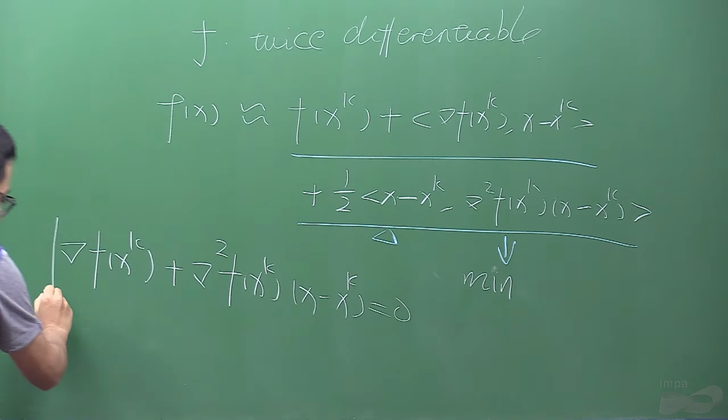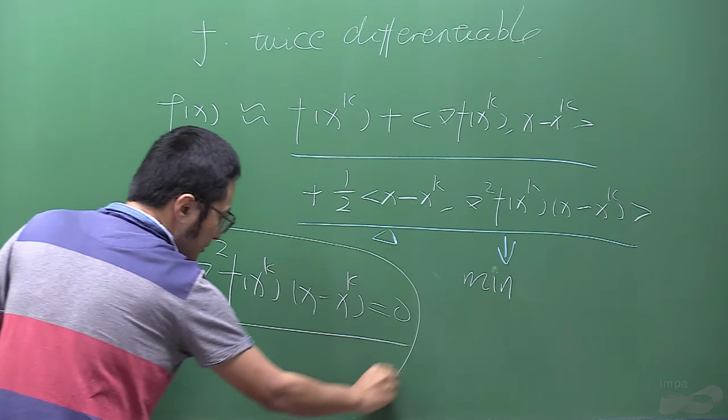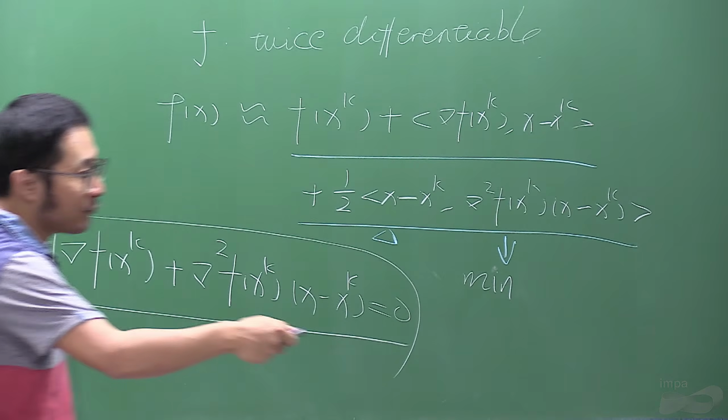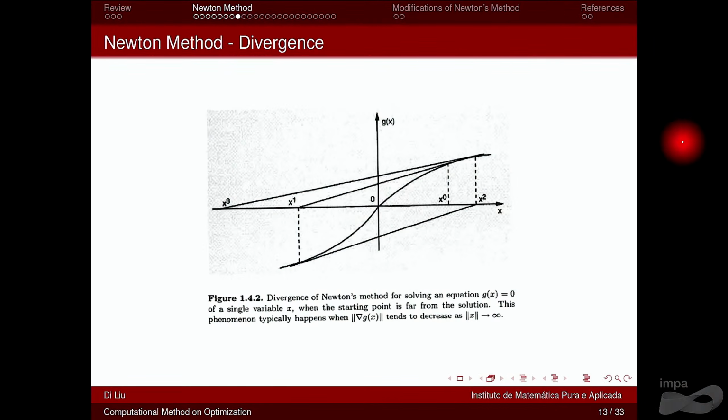So the key point is to solve this nonlinear equation. In some textbooks people study Newton's method by studying it for solving nonlinear systems, because in some senses it's more general than the minimization problem. But anyway, in this graph of the objective function, if you choose x0 here, then you get x1 here, then x2 here, and then x3 here. So it also diverges.